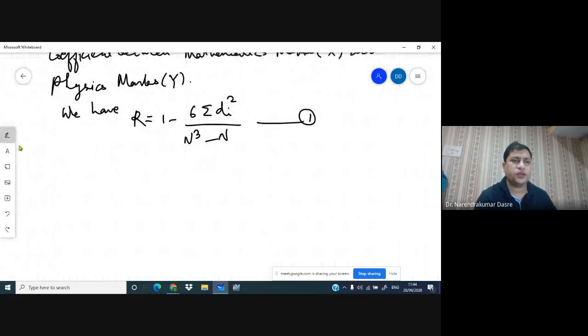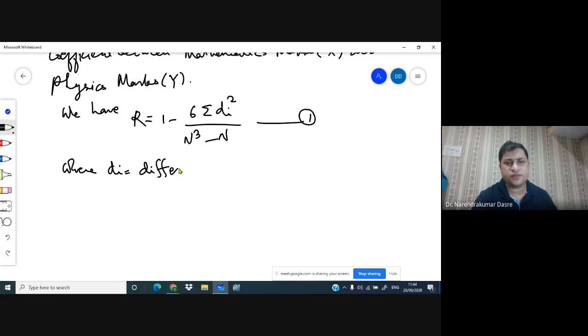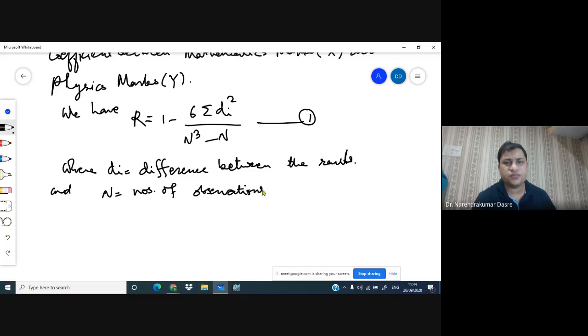Okay, then what we'll be having here, so where di is equal to the difference between the ranks and n is equal to the number of observations.